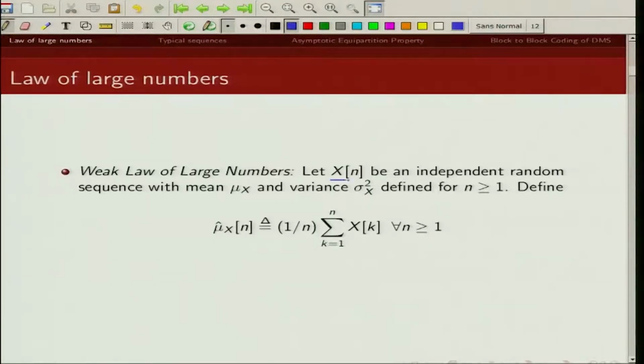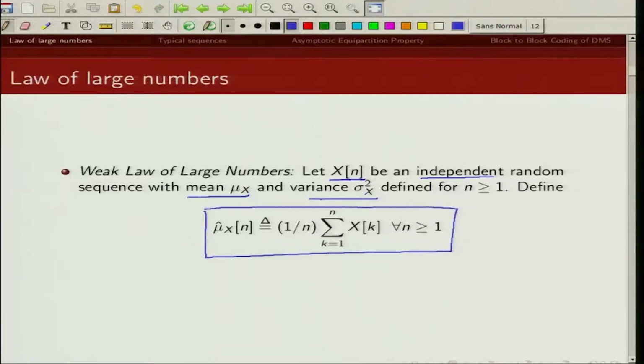Let X_n be an independent random variable sequence with mean mu_x and variance sigma_x square. Then the sample mean is given by the summation of X_k for k from 1 to n, multiplied by 1 by n.